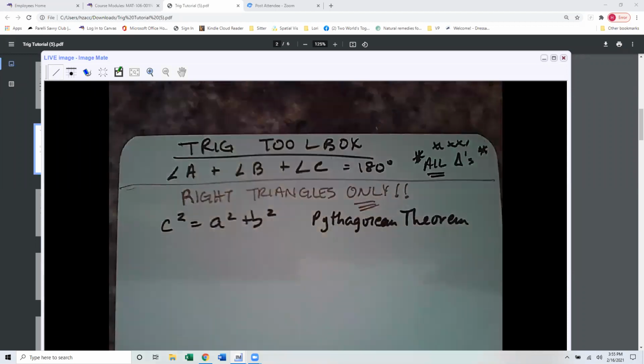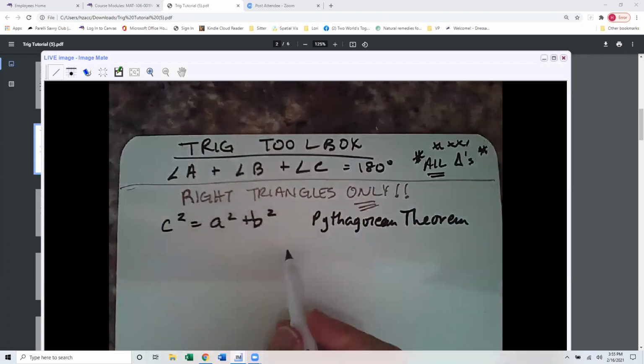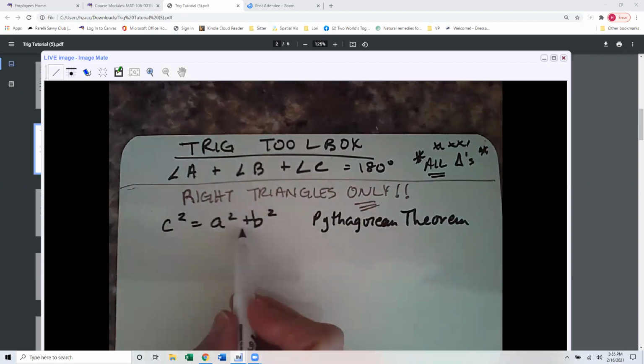So that works. And we're going to find out here in a little bit that the c, the a, and the b here are representing sides of the triangle, where up here, the angle capital A, angle capital B, angle capital C, I'm using to refer to angles. So angles are capital letters, sides are little letters.